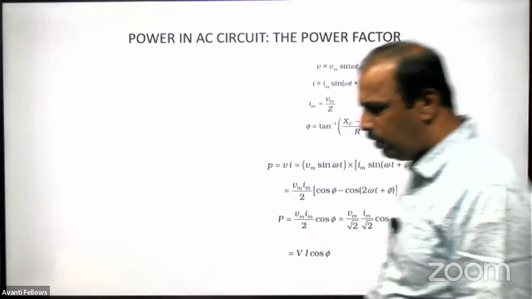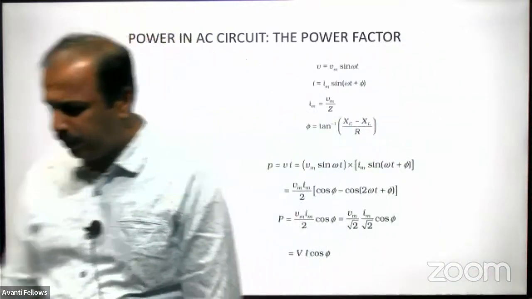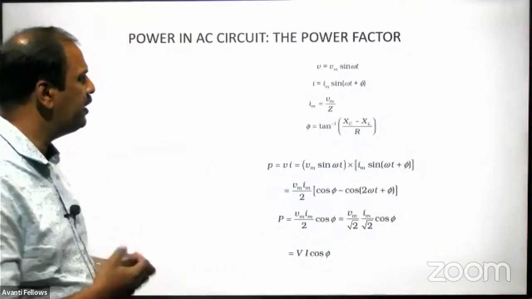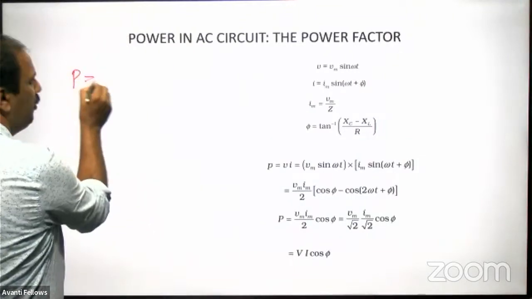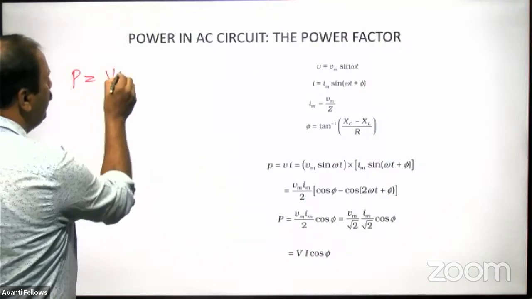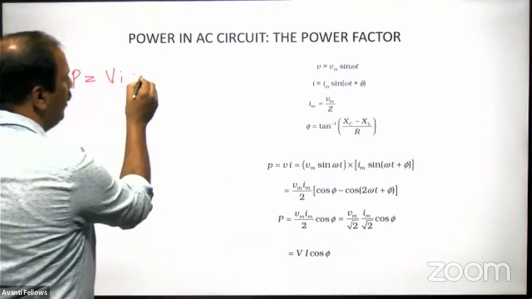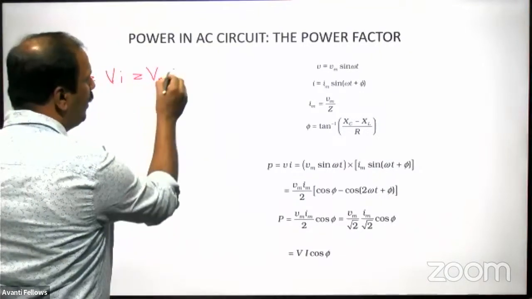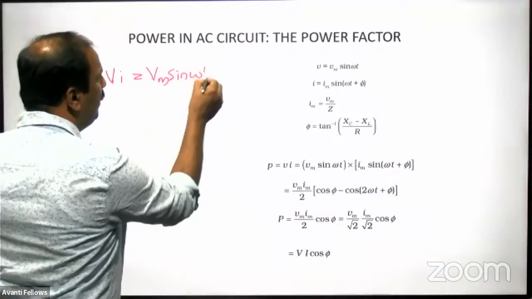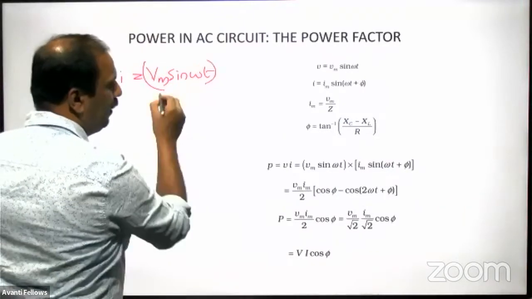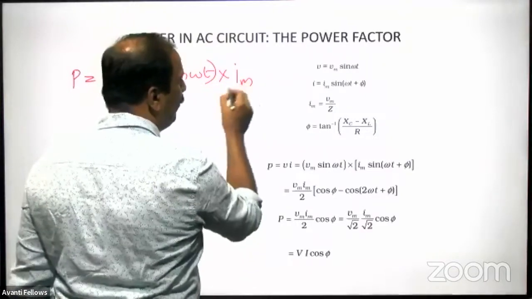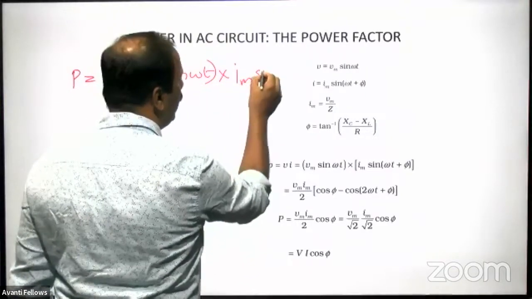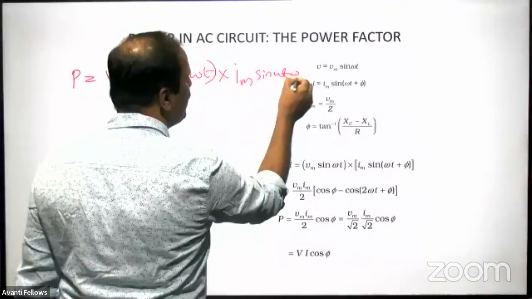Okay. So we'll start from the normal equation for the power itself. The power P is equal to V into I, which is equal to Vm sin omega t into Im sin (omega t plus phi).